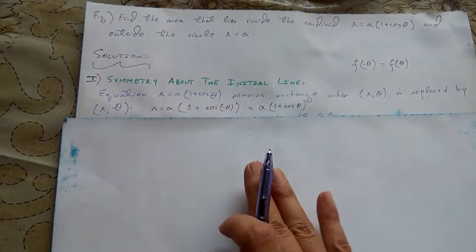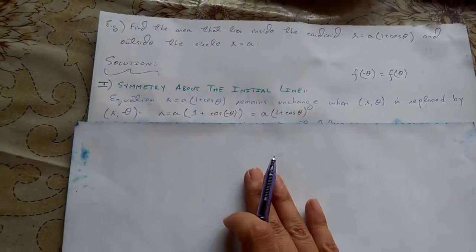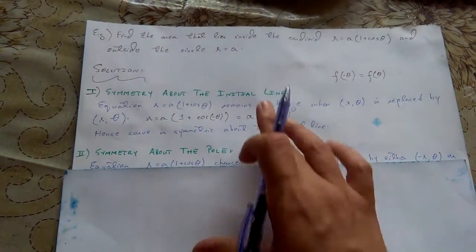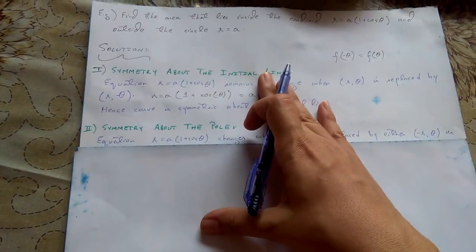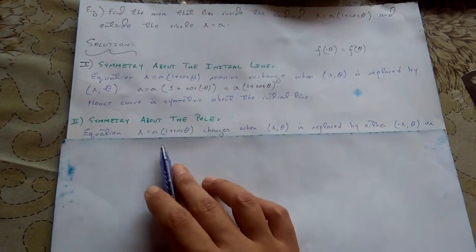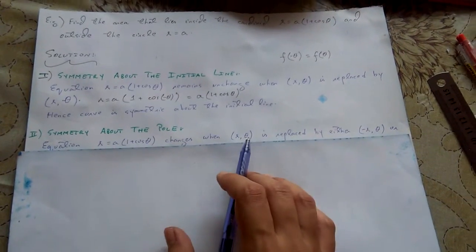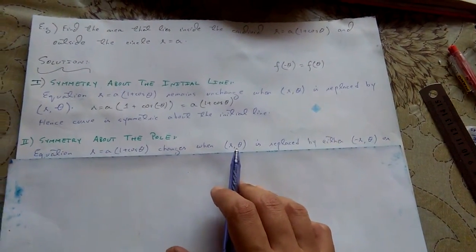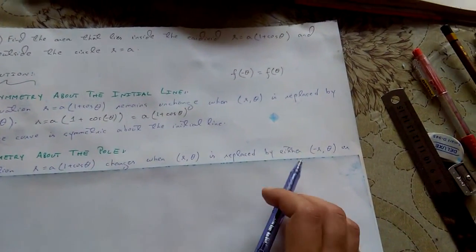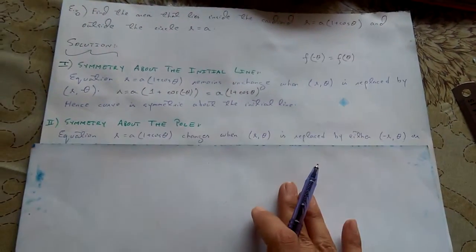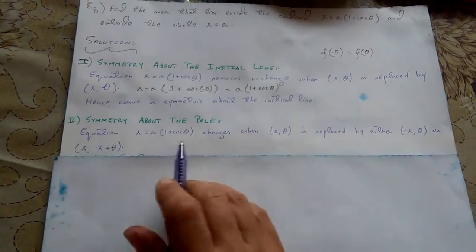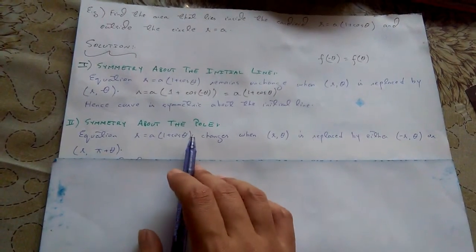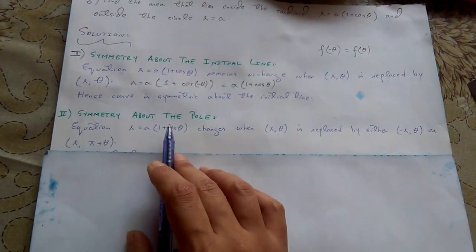All right. Now we are going to check its symmetry with respect to the pole. So how do we check it? If the given equation changes when (r, theta) is replaced by either (negative r, theta) or by (r, pi plus theta), then we say that it is not symmetrical about the pole.